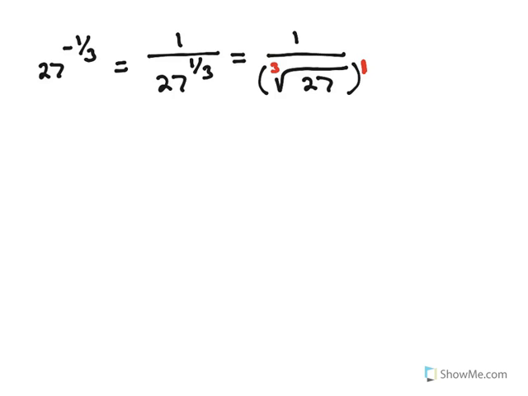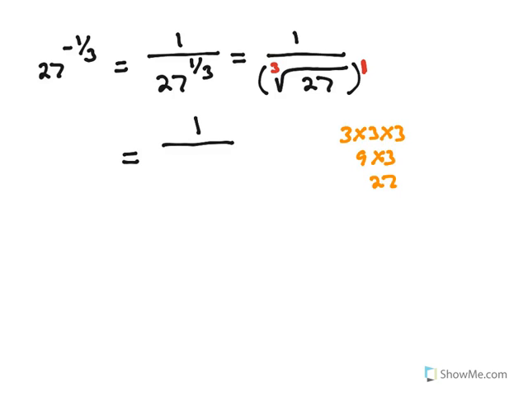All right, so when we do that, let me write it over here. It's going to be 1 over, what is the cube root of 27? What number multiplied by itself 3 times gives me 27? Well, it's going to be 3, right? Because 3 times 3 times 3: 3 times 3 is 9, times 3 is going to give me 27.